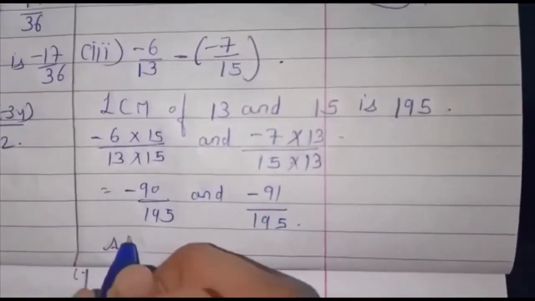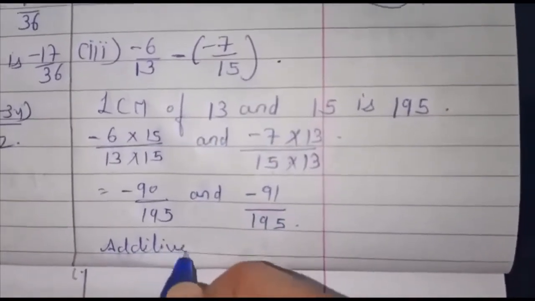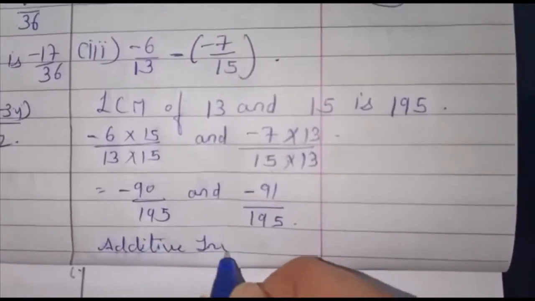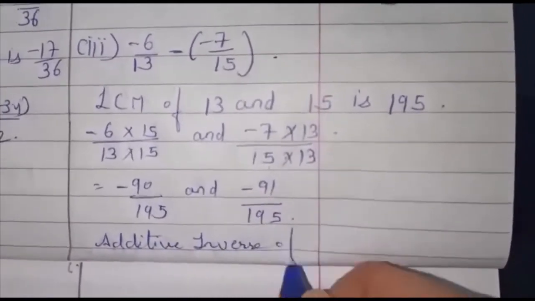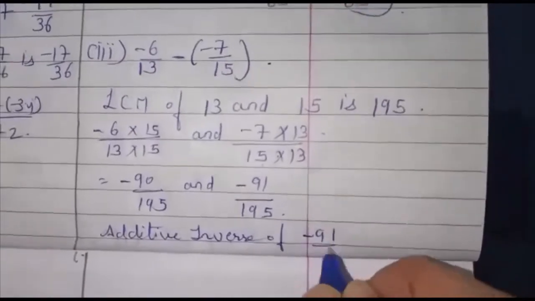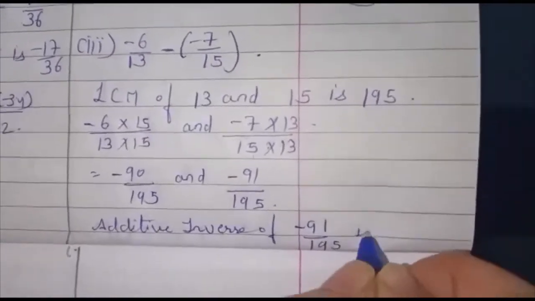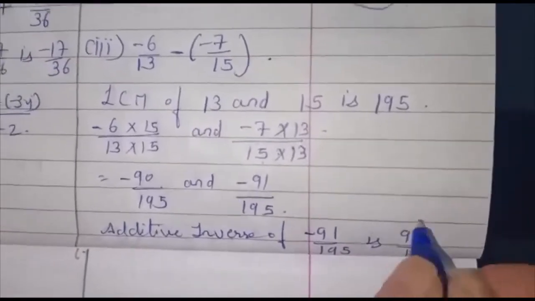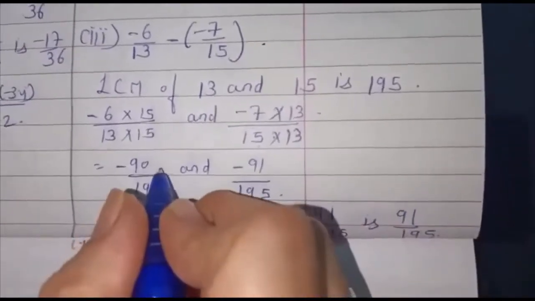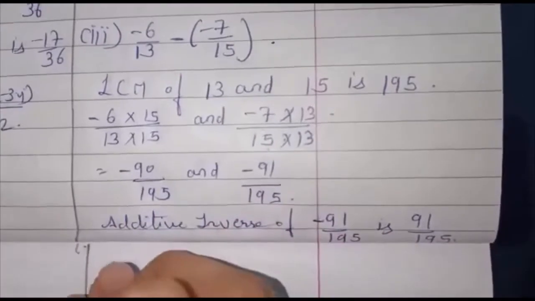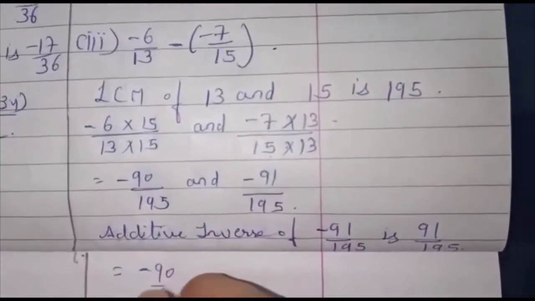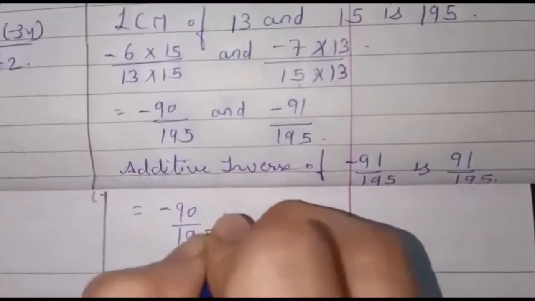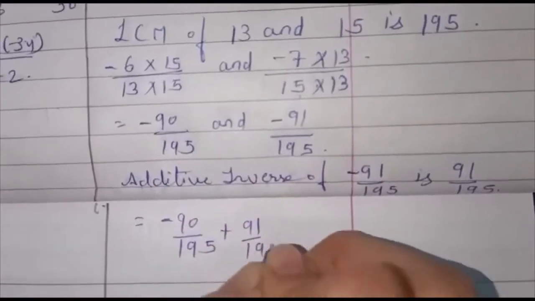So what is the additive inverse of minus 91 upon 195? So additive inverse of minus 91 upon 195 is 91 upon 195. And now we will add this to minus 90 upon 195. So minus 90 upon 195 plus 91 upon 195.